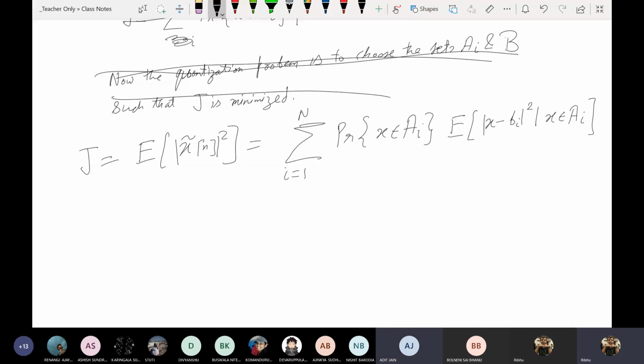Can you explain the expectation part, the right hand side equation? Yes.